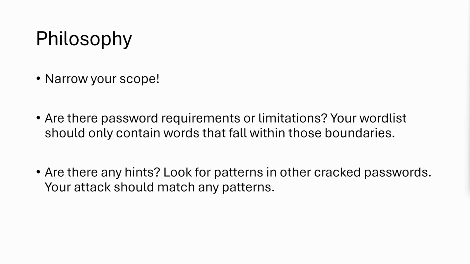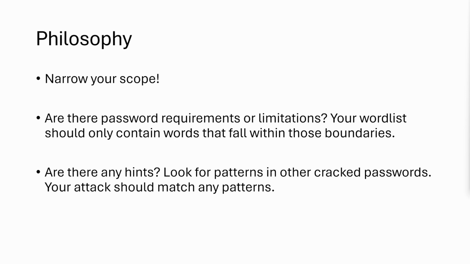So the key to password cracking is efficient use of time and resources. It's really all about narrowing your scope. You don't want to do a pure brute force, and we'll talk about that on the next slide. But you want to think about the limitations or requirements of the password.